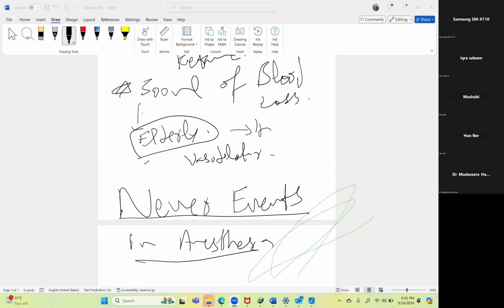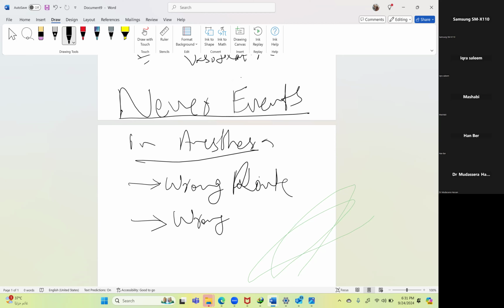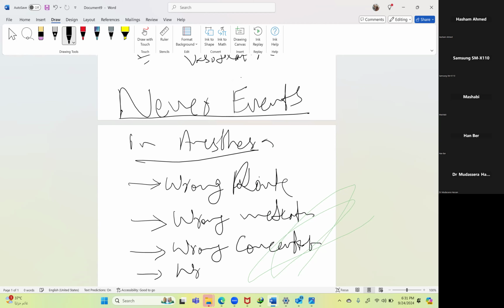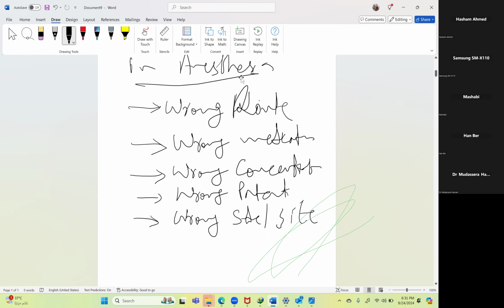These are wrong route, wrong medicine, wrong patient selection, events occurring in the theater perioperatively. Wrong route of administration, wrong medication, wrong concentration, wrong patient, wrong site of surgery.